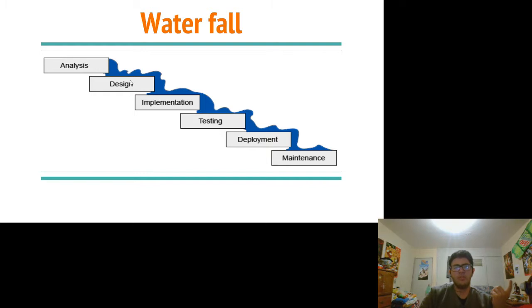The next step is design, and this phase is intended toward addressing how the system is implemented. The next is implementation, and this phase is traditionally described as programming. The next step is testing, and this aims to trap the bugs of the code.